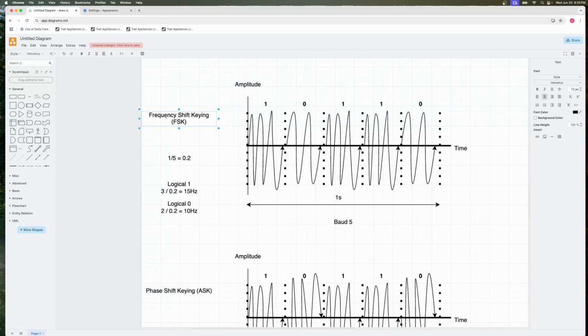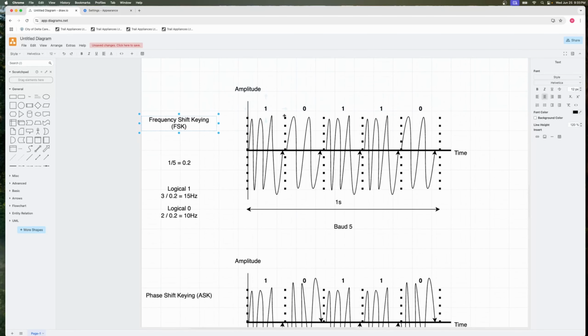Here in frequency shift keying, the ones have 1, 2, 3, so within one bit we have 3 peaks, 3 cycles. And in the 0, we have 1, 2, so 2 cycles within that 0 bit.